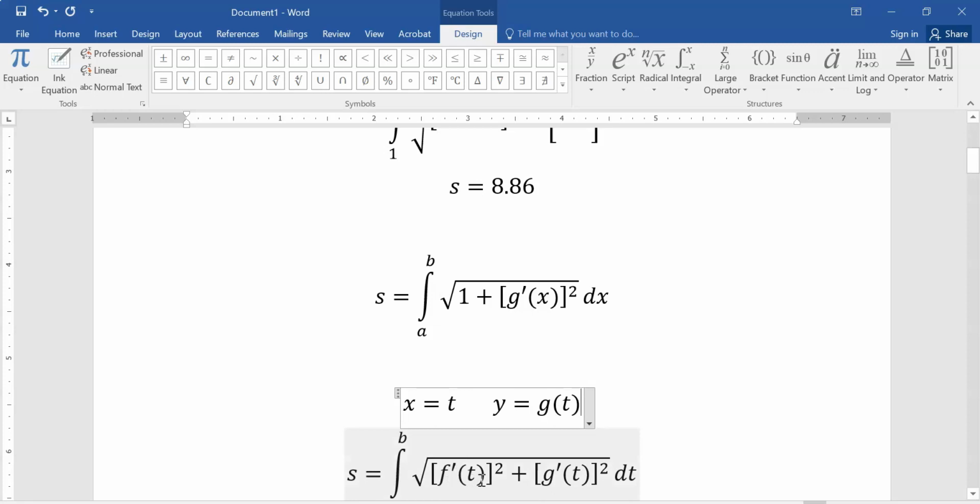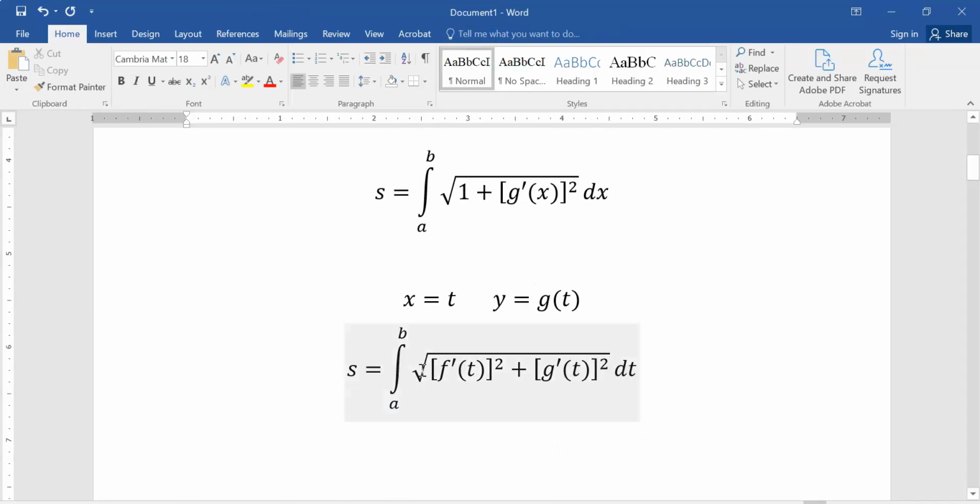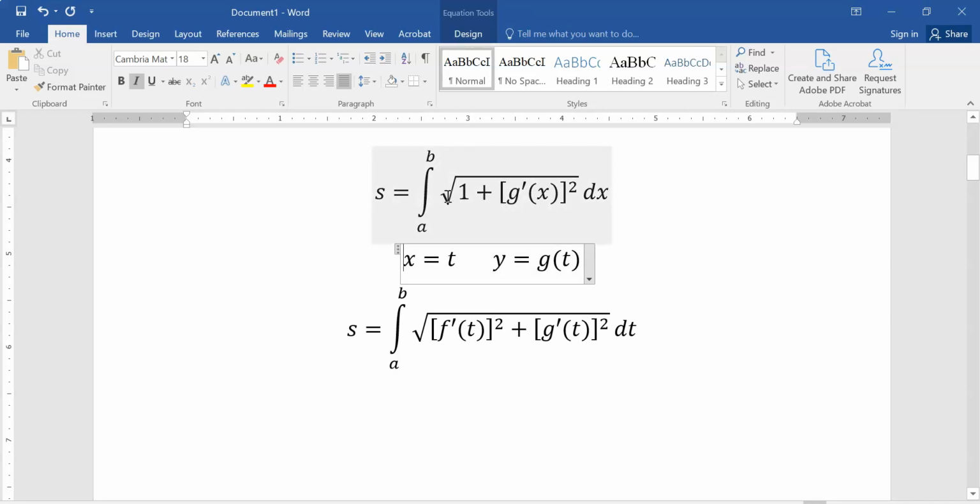This f prime of t would have just been 1, so we would end up with 1 squared, which is just 1, and then obviously dx and dt would be the same because x and t are exactly the same thing. So what we have with the parametric is actually a more generalized version of what we dealt with in chapter 7. What we dealt with in chapter 7 had this 1 plus. Well, now we see that the reason we have that 1 plus is because the derivative of t, if x is equal to t, is 1.